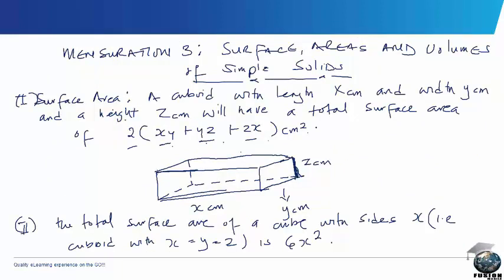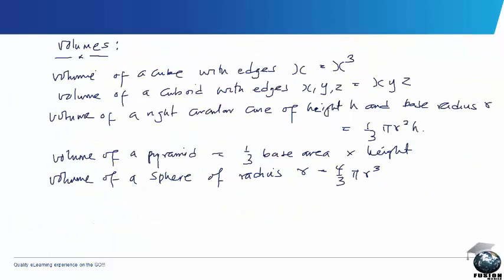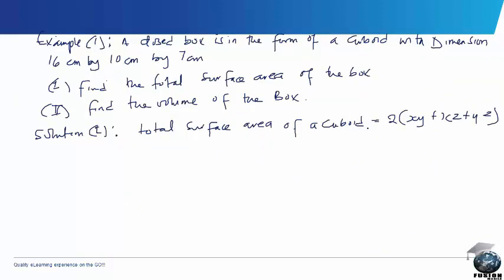This is for the total surface area. We are using this equation, I labeled 1. And then from this point we can say that here x is equal to 16, y is equal to 10, z is equal to 7, all in centimeters.